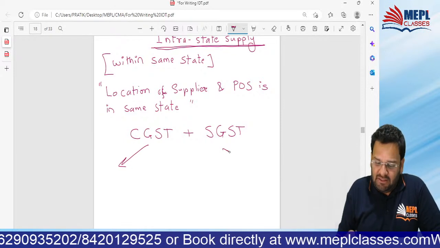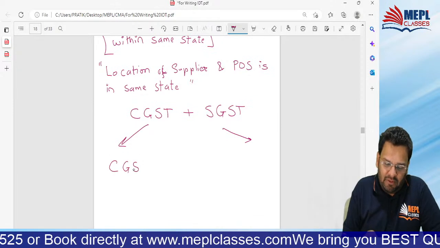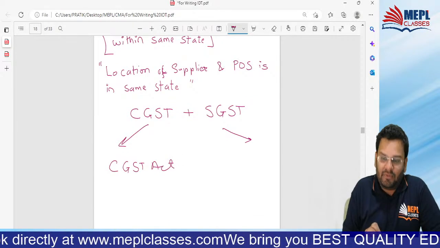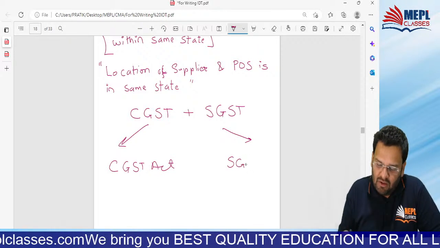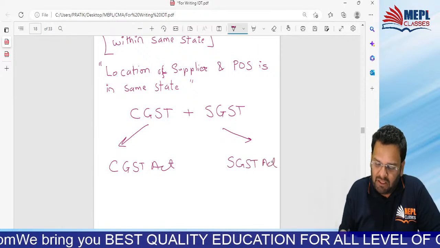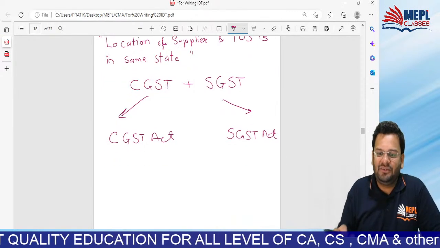The provisions for levy of CGST will come from the CGST Act, and the provisions for levy of SGST will come from the respective state's SGST Act. Agreed?